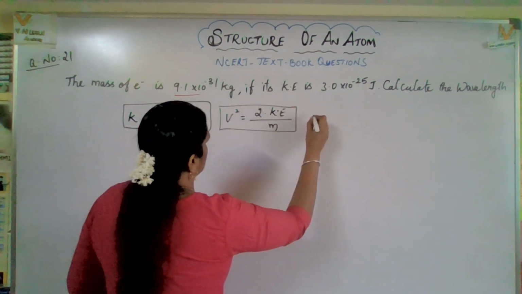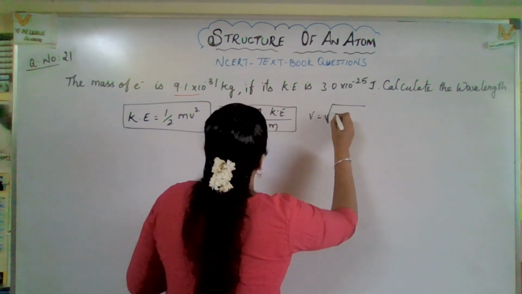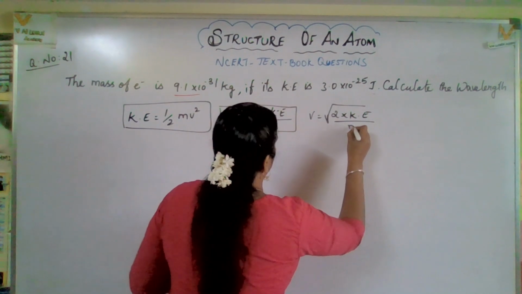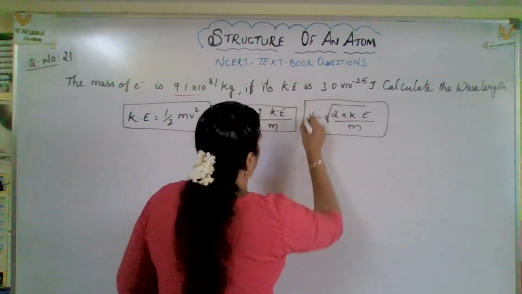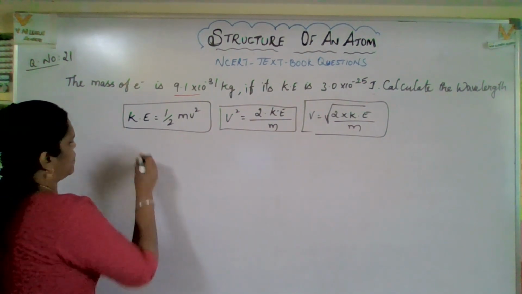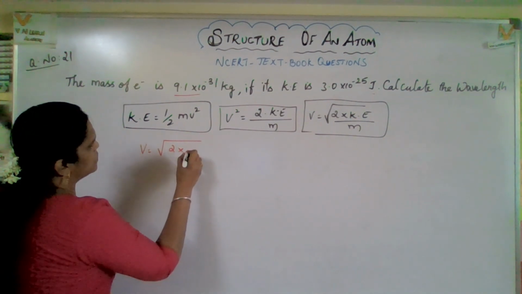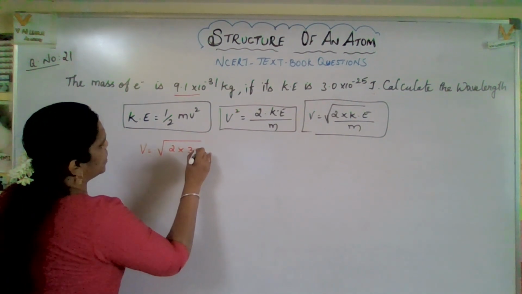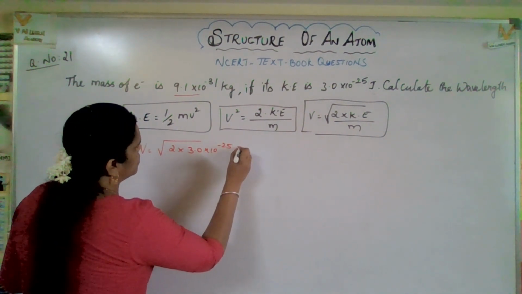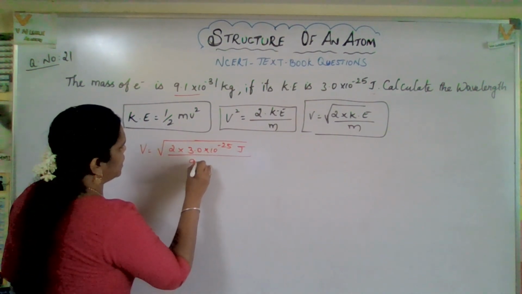We can write v is equal to root of 2 into KE divided by mass of electron. Now let us apply the values: v is equal to root of 2 into 3.0 into 10 to the power of minus 25 joule, divided by mass of electron 9.1.